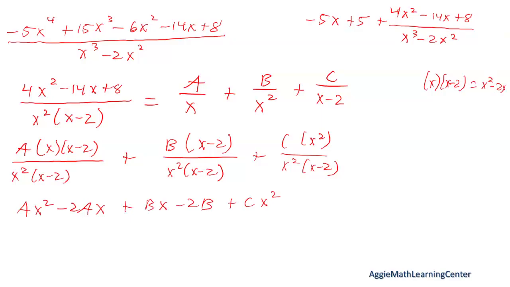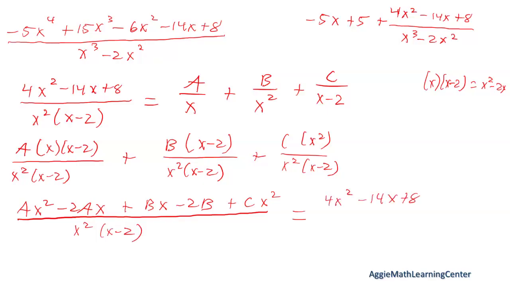And then it would all still be over x squared times an x minus 2. And then we want that to be equal to our 4x squared minus 14x plus 8 all over an x squared times an x minus 2.